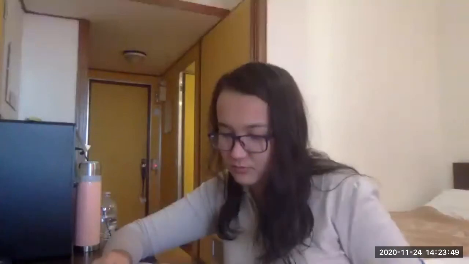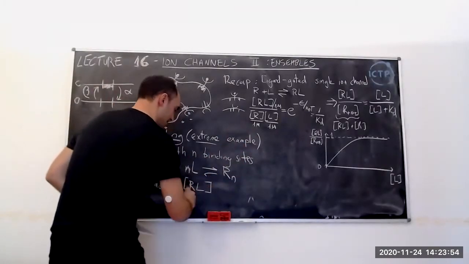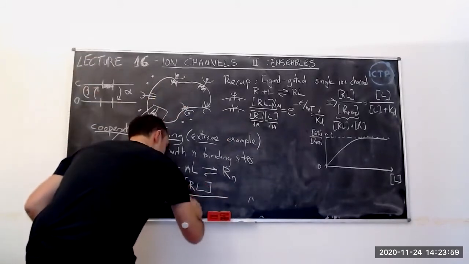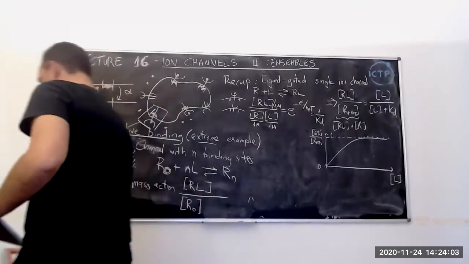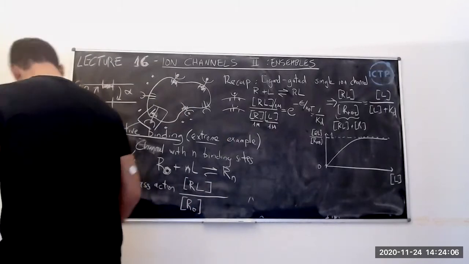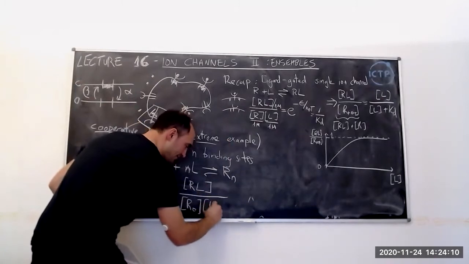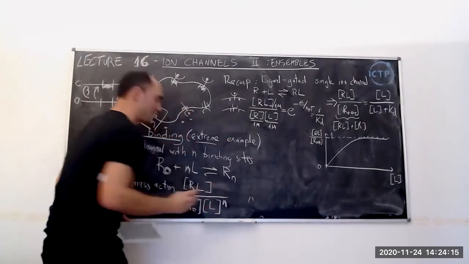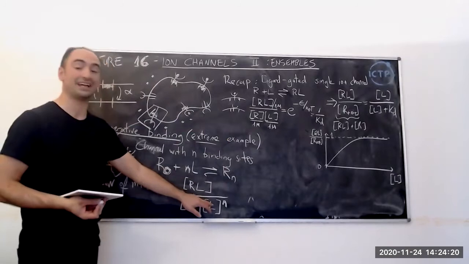It is Rn, this you can also call RL, these ligands, divided by R0 times, I don't have space, I'm getting used to this situation. This is R0, and now comes L, very important, to the power n. This is the way one writes the law of mass action here. L to the power n, because there are n molecules.